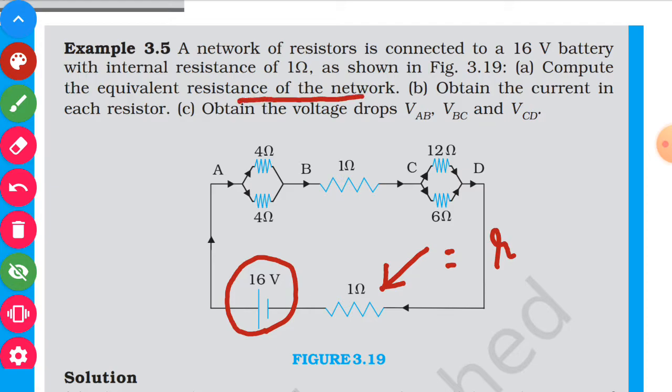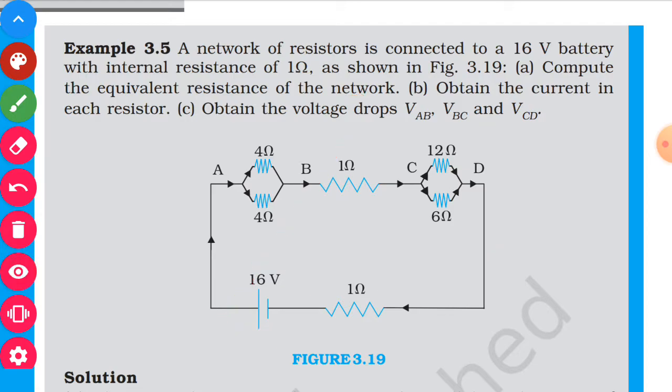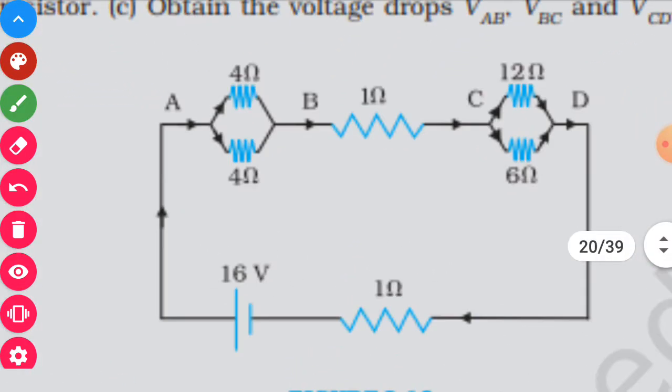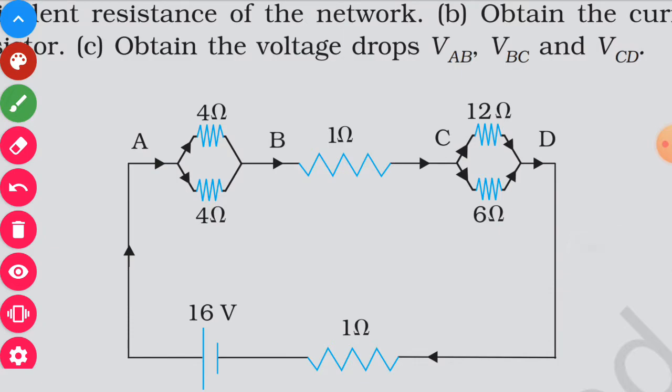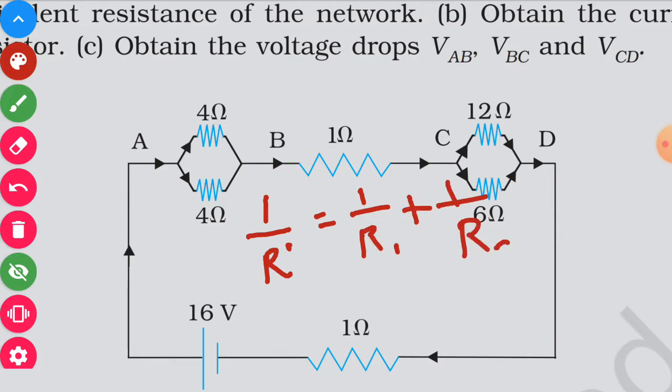First question only, first of all, we shall try to understand. Now see, here we have these two 4 ohm resistors in parallel. The parallel connection will have its equivalent resistance as 1 upon R prime, I write R prime is equal to 1 upon R1 plus 1 upon R2.